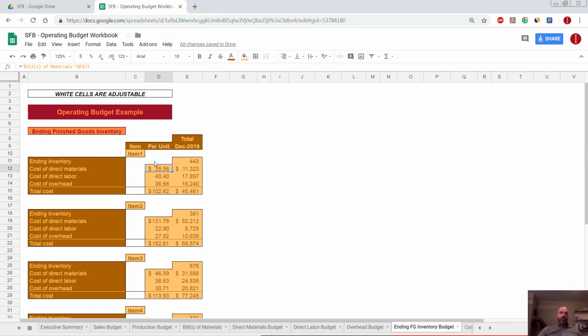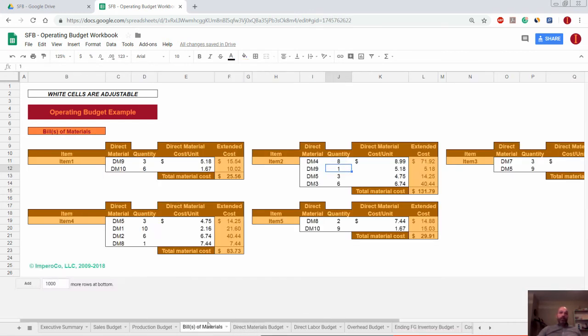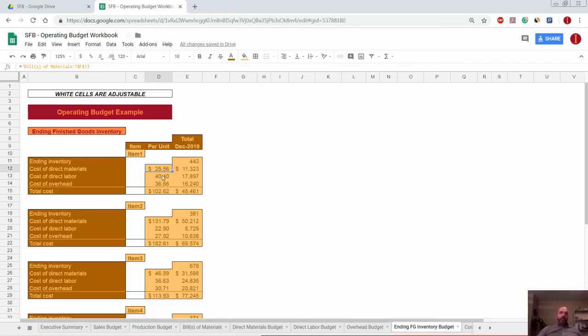Sorry, I'm kind of fumbling here. It comes from the bill of materials, 2556 total material cost. Same thing, direct labor, and then our overhead cost.